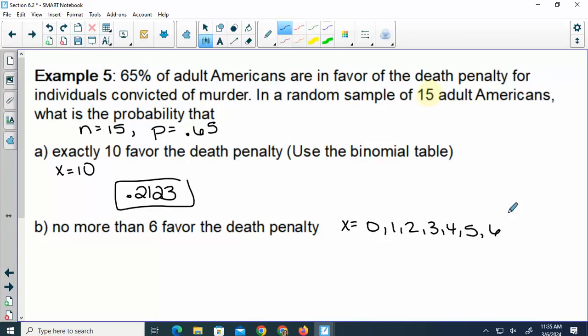That means it is a positive number, but it's so small, the first 4 digits are all 0. And what do you get when you add those up? I got 0.042.